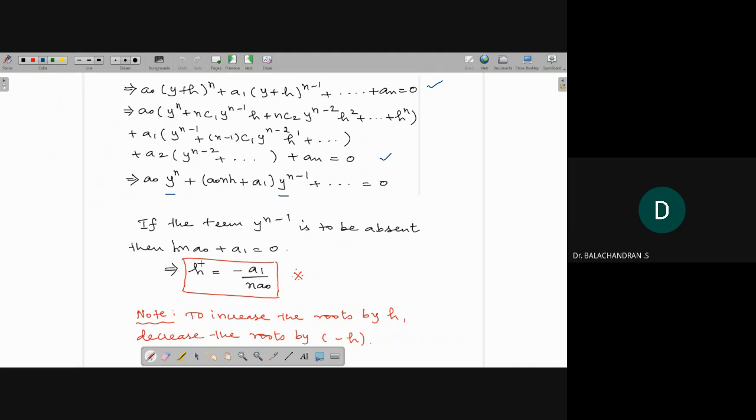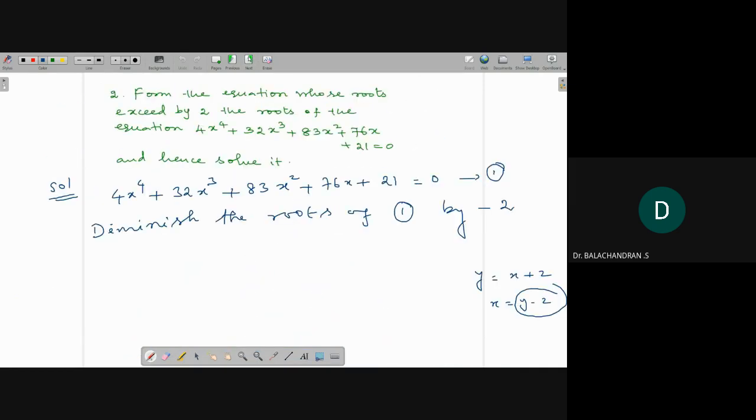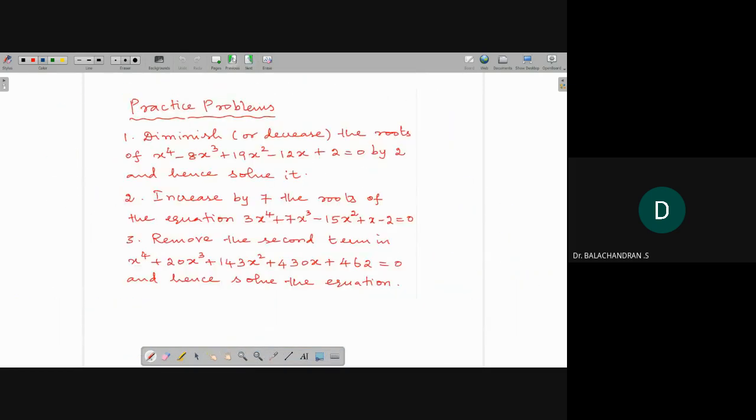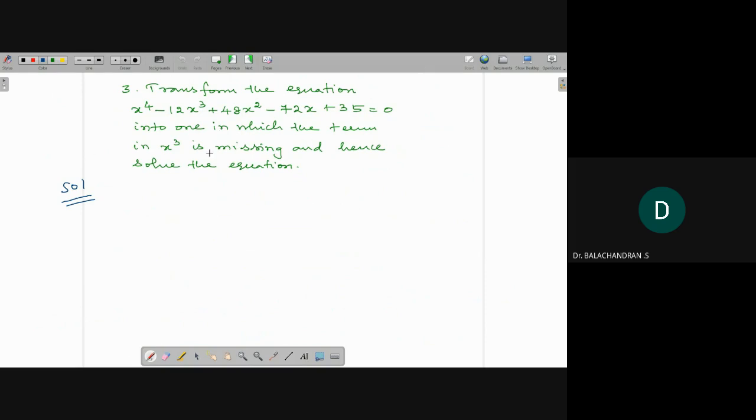Here also the second term, the x cube term, is missing. So I need to use h equal to minus a1 by n a naught. A1 is minus 12, n is the degree of the polynomial, 4, and a naught is 1. So 12 by 4 is 3.